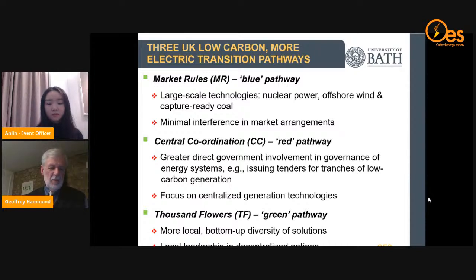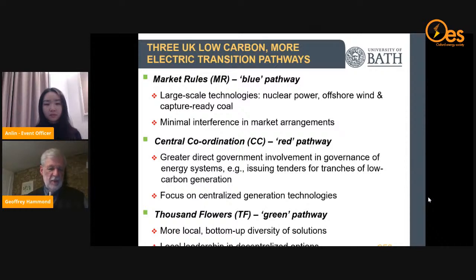So under market rules, the expectation is that you'll have large-scale technologies, nuclear power, offshore wind, carbon-ready coal, minimum interference with the market arrangements. In contrast, under central coordination, the idea is you get greater government intervention. So you get direct government involvement in the governance of energy systems. Perhaps the argument was that they might issue tenders for tranches of low carbon generation going forward.